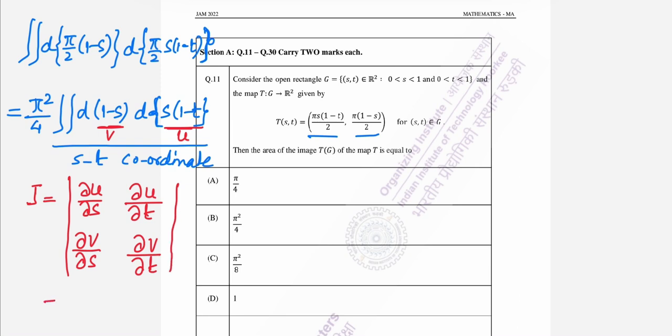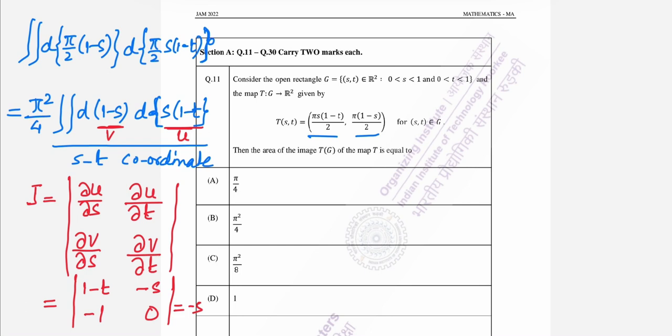Del u by del s will obviously be 1 minus t, del u by del t will be minus s, del v by del s will be minus 1, and the last one, del v by del t, will be 0. So the determinant of this will be minus s.